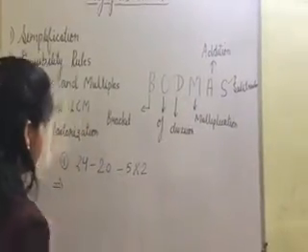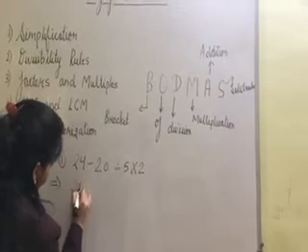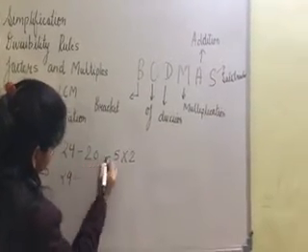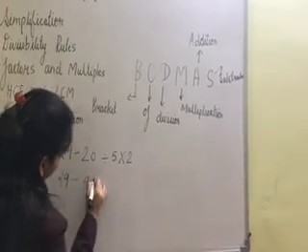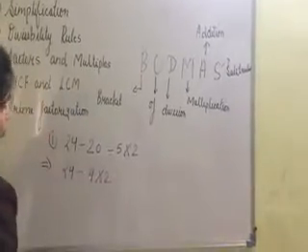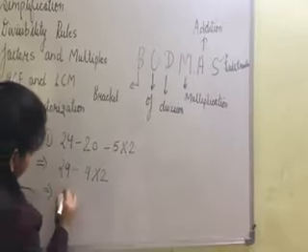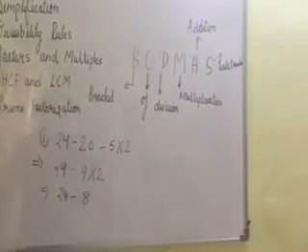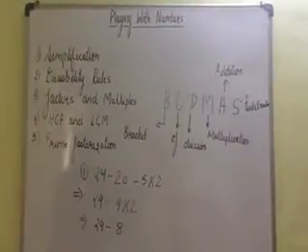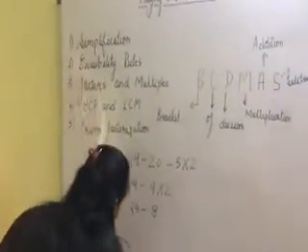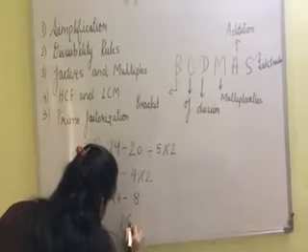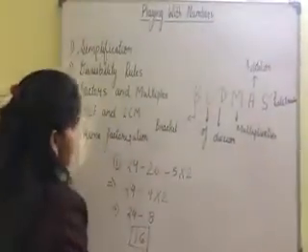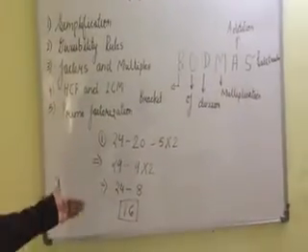Yes, division is here. So 24 as it is minus, do the division: 20 divided by 5 will be 4, multiplied by 2. Next step, 24 as it is minus 4 into 2 is 8. Now 24 minus 8, answer is 16. In this way, we will simplify our question.